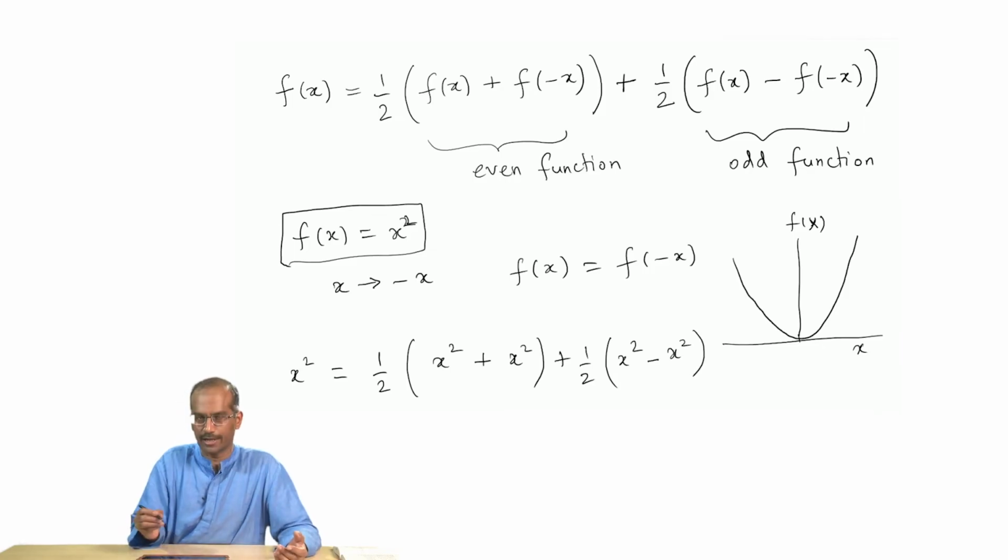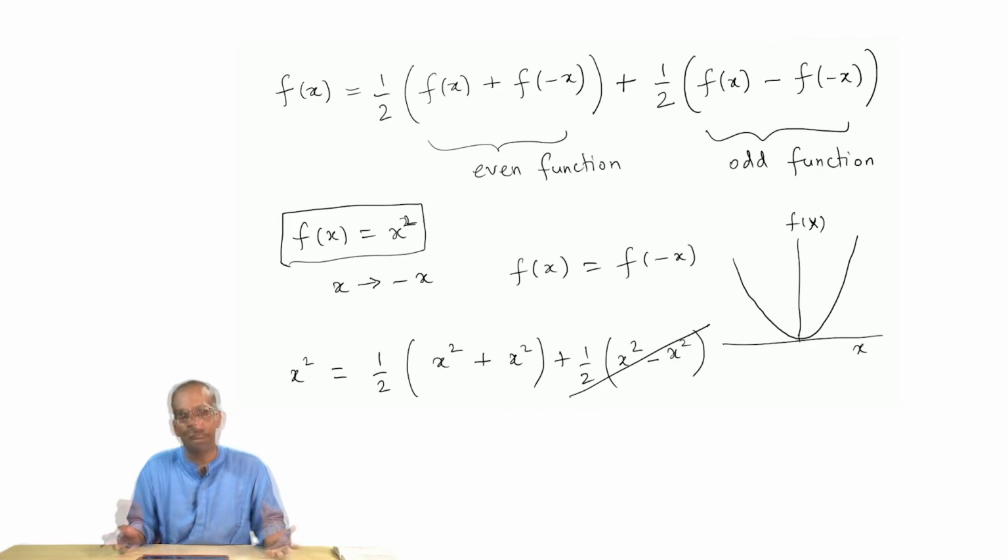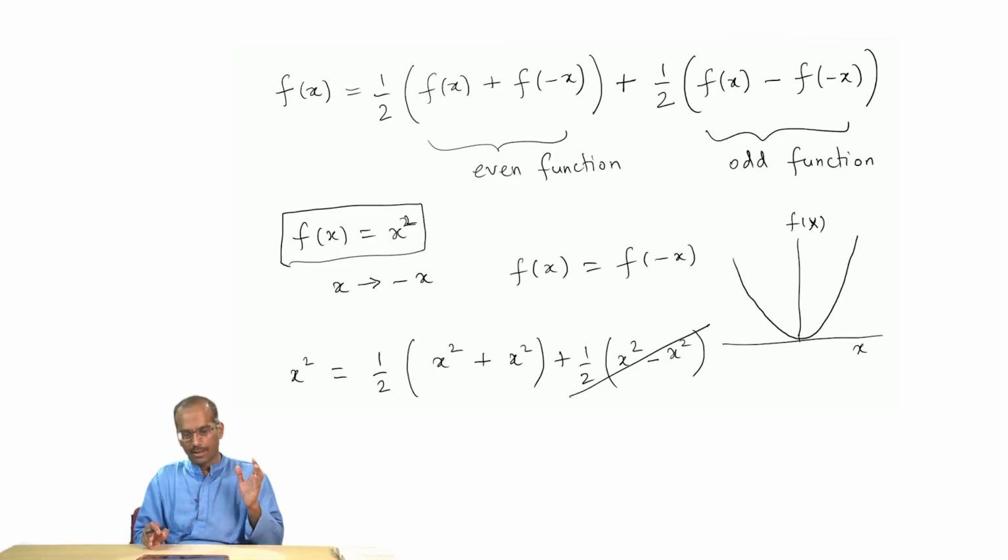So, clearly the second term will go to 0 and the first term gives you x square itself, which is identity. The point that I am trying to make is that you can write any function f of x in the form that I have written down here.